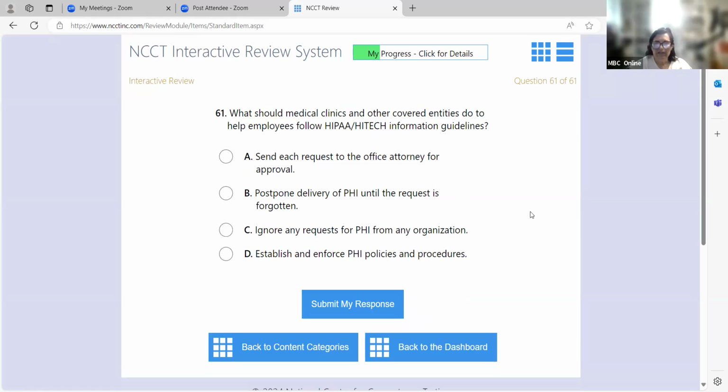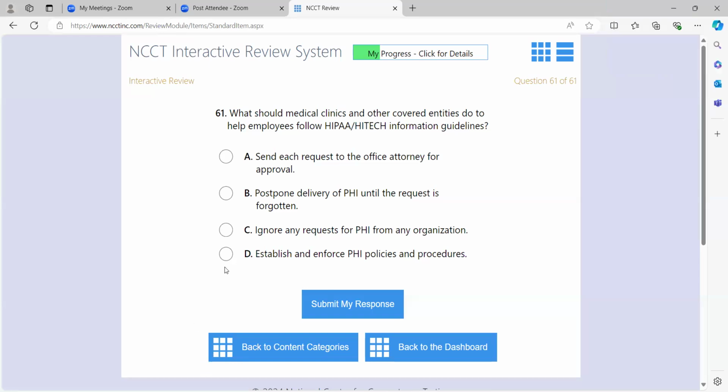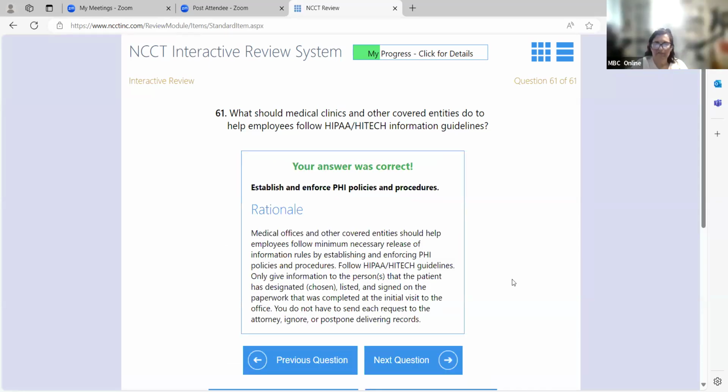What should medical clinics and other covered entities do to help employees follow HIPAA or HITECH guidelines? Send each request to the office attorney for approval, postpone delivery of PHI until the request is forgotten, ignore any request for PHI from any organization, establish and enforce PHI policies and procedures. D. Yeah, I'm going to say D. That's it. Establish and enforce PHI policies and procedures.